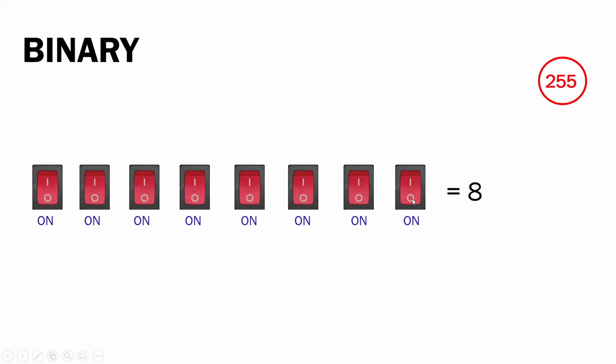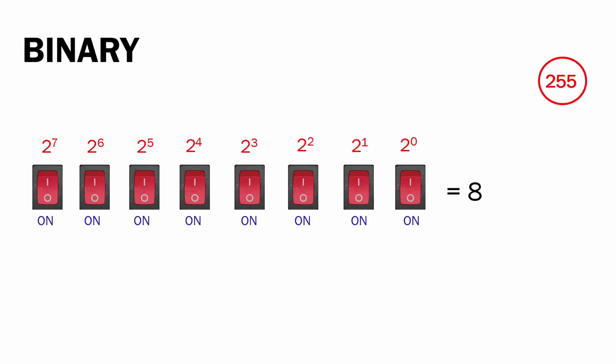So the first switch has a positional value of 2 raised to 0. Next is 2 raised to 1. After 1 is 2, so 2 raised to 2, 2 raised to 3, 2 raised to 4, 2 raised to 5, 2 raised to 6, and 2 raised to 7.